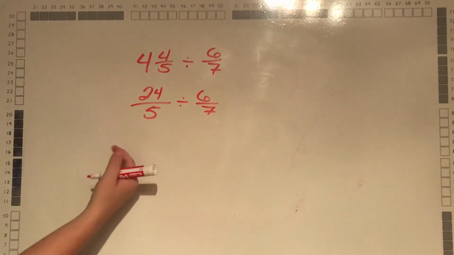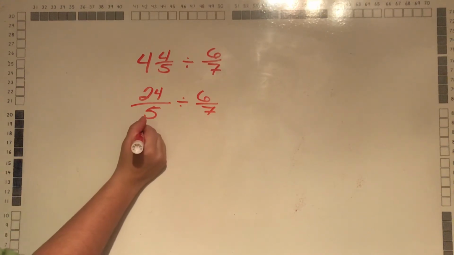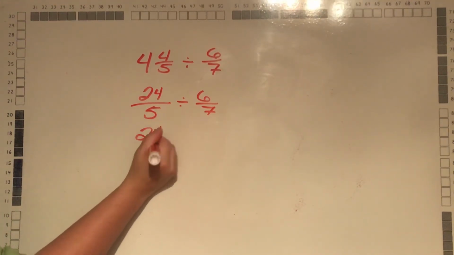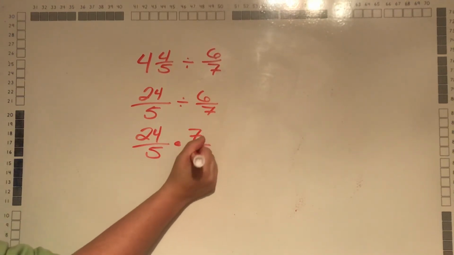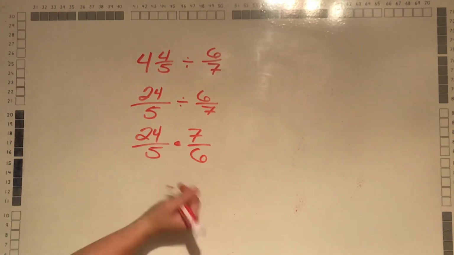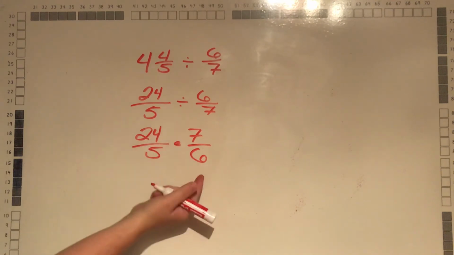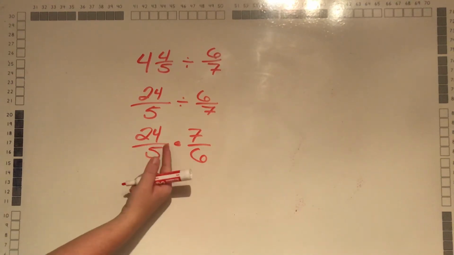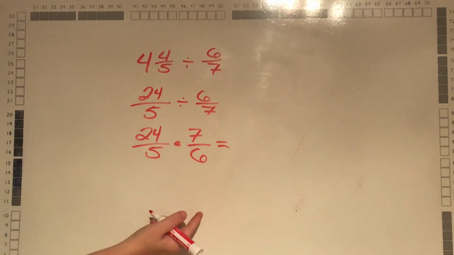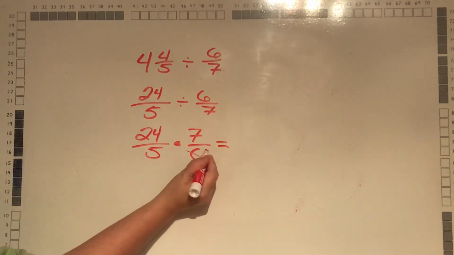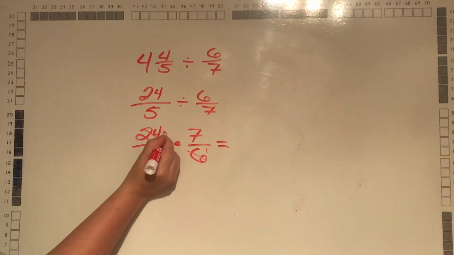We need to apply our rule of dividing fractions, and 24 over 5 times 7 over 6 should be the equivalent. Now, you can either simplify here before we multiply, or multiply out and simplify. We do know that 6 goes into 24 4 times.